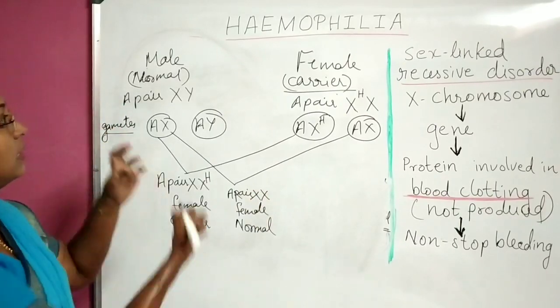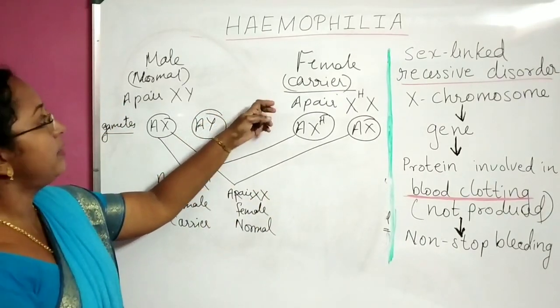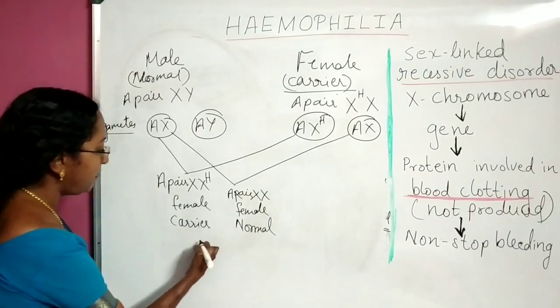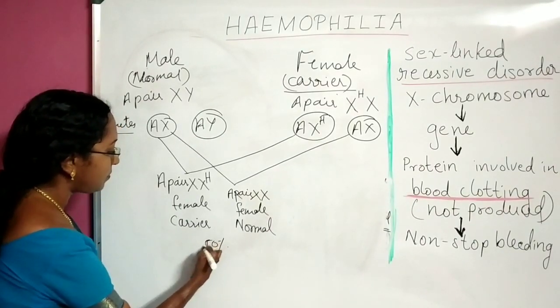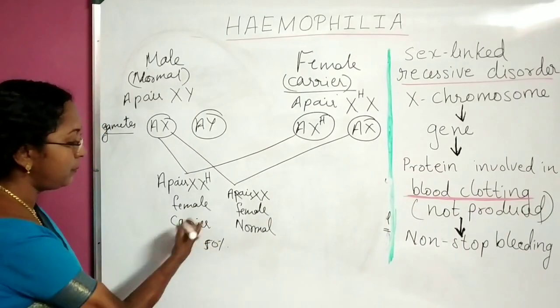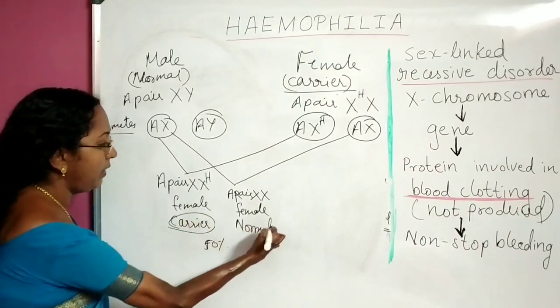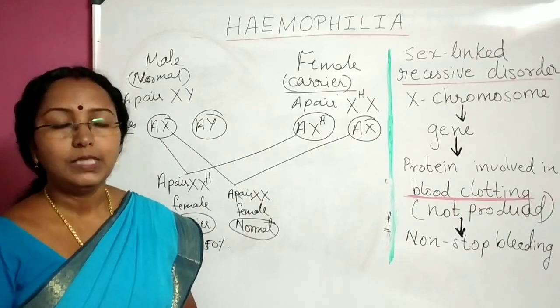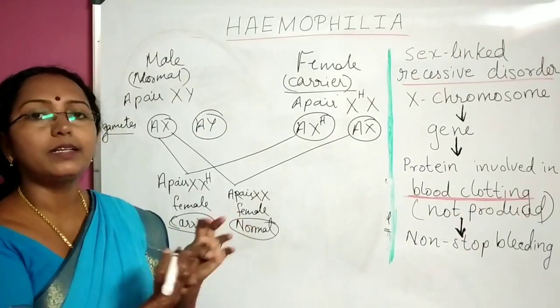So see here, in this kind of cross between carrier female and normal male, among the females, there is 50% that they will become carrier and 50% that they will become normal. So there is no case of haemophilic female.